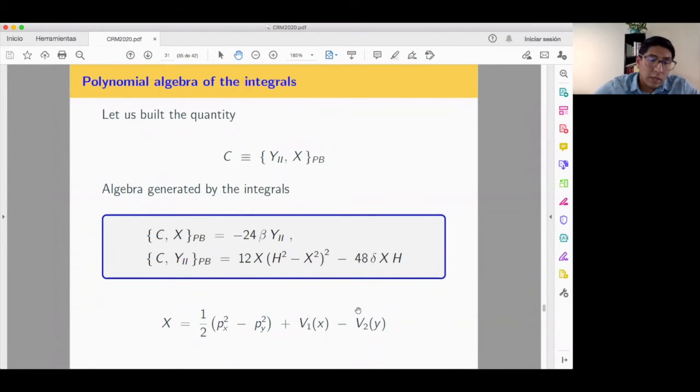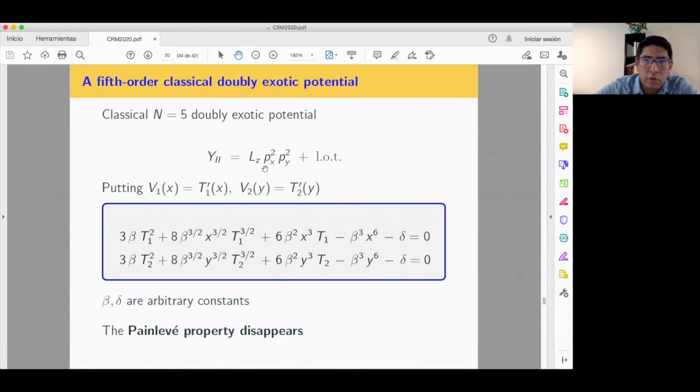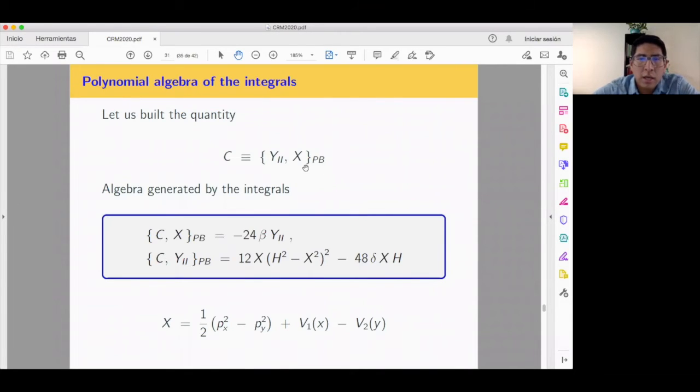And also, since in the classical case computations are simpler, and the results are very short, let me just briefly discuss the polynomial algebra of the integrals. So using the second order integral of motion, which leads to separation of variables, and the just presented fifth order integral, let's calculate this Poisson bracket to obtain a new trivial integral of motion.